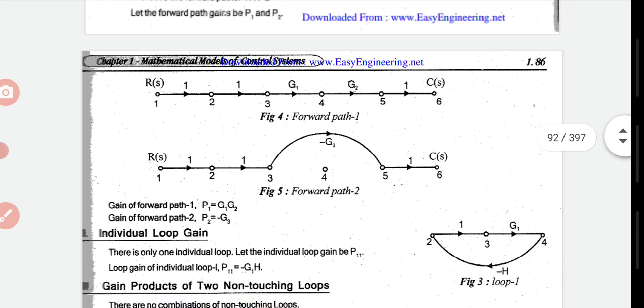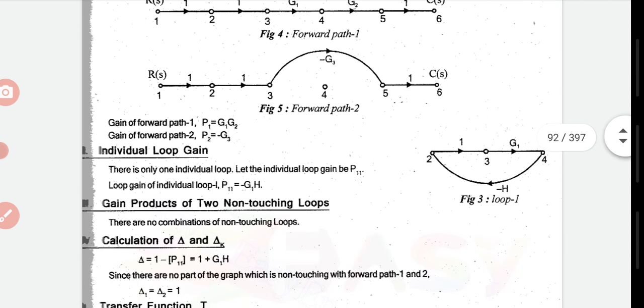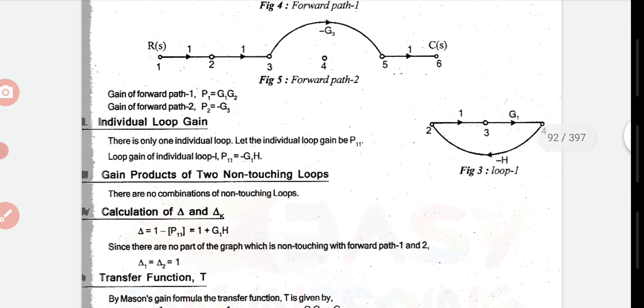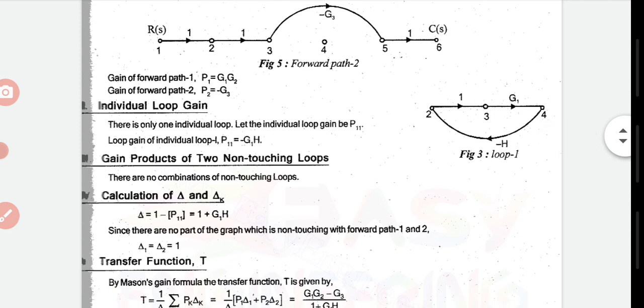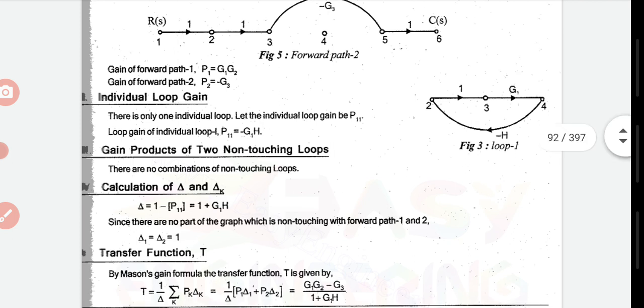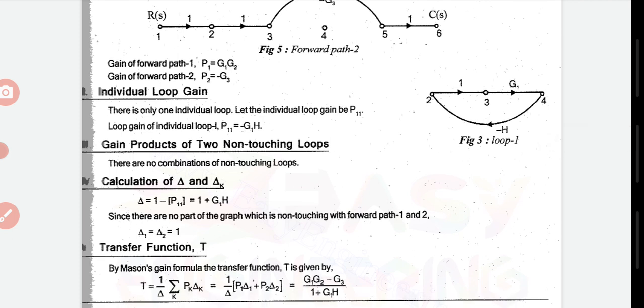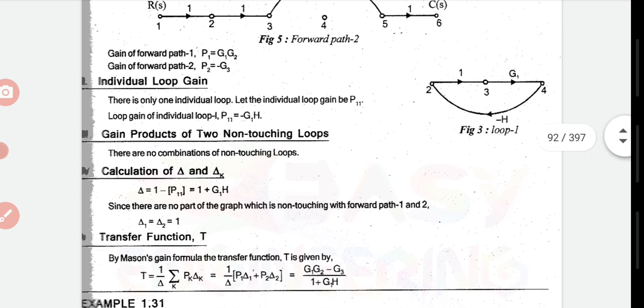Similarly, delta 2 is for the second forward path. Is there any non-touching loop for the second forward path? No, the loop is touching, so delta 2 is also 1. Since no part of the graph is non-touching with forward paths 1 and 2, delta 1 is equal to delta 2 is equal to 1.